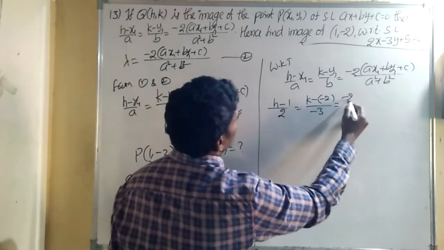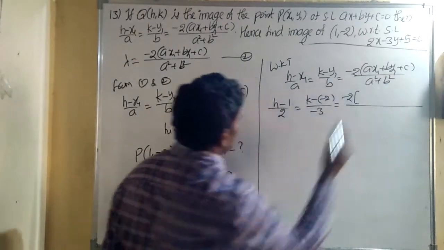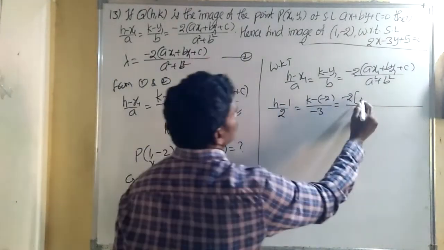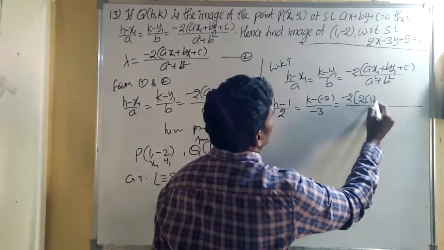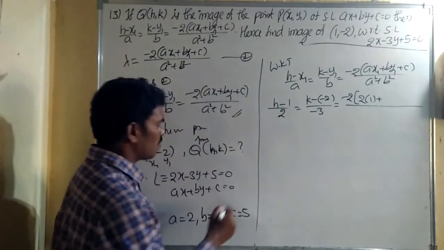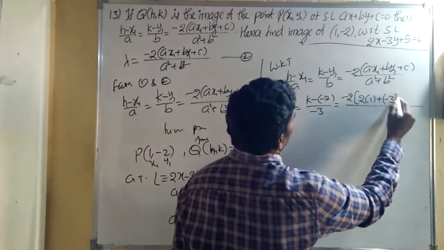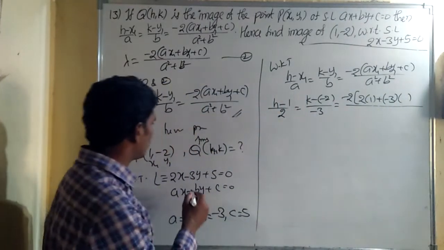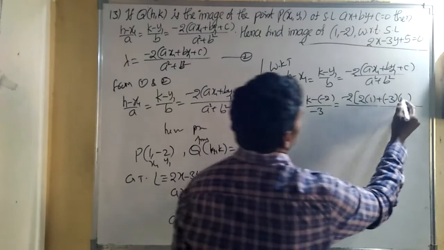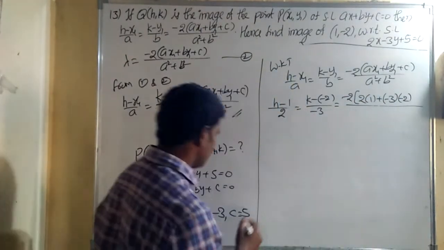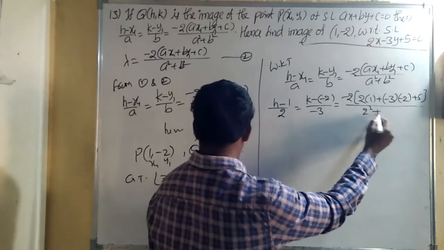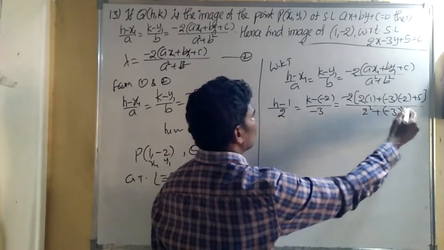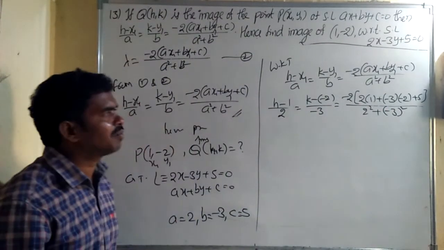Minus 3 is equal to minus 2 of (a means 2, x1 means 1, so 2 into 1 plus b means minus 3, so minus 3 into y1 means minus 2, plus c means 5) by a square plus b square. So 2 square plus b square means minus 3 square. Simplify this, we can get h comma k values.